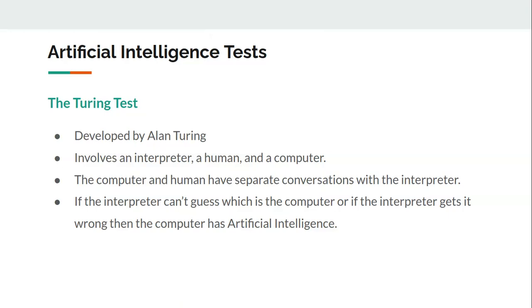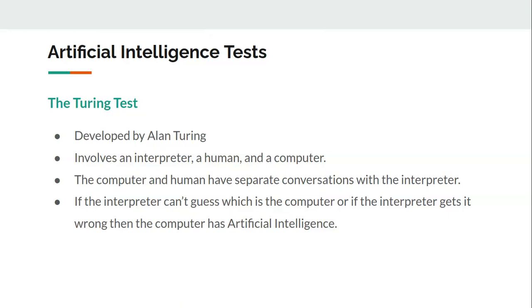Now, if the interpreter is able to guess which one is the computer and which one is the human, then the computer does not have artificial intelligence. But if he is unable to do that, then we say the computer has artificial intelligence. Why? Because he's going to be testing for the intelligence of both of them. The computer in its normal sense is not intelligent. It does what you ask it to do.